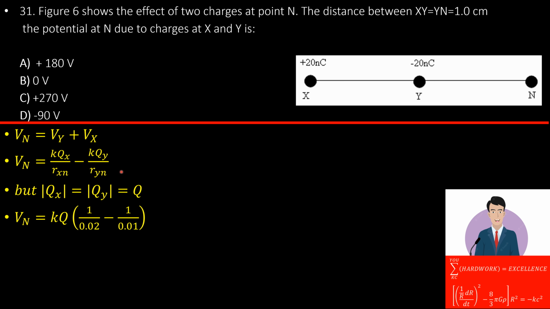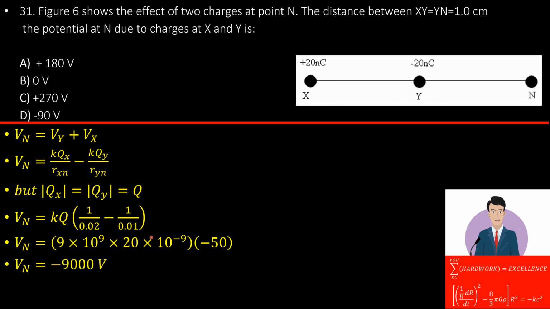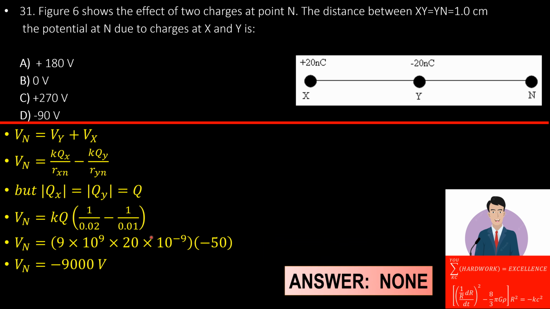And so you notice that our V at N is basically kq. We can factor out this kq, right? Because qx and qy are equal, over 1 over rxn minus 1 over ryn. And so our result is actually Vn to be negative 9,000 volts. But the answer here is only negative 90 volts, which is a problem, right? That was a mistake. And so we're going to have 'none of the above' as the answer.